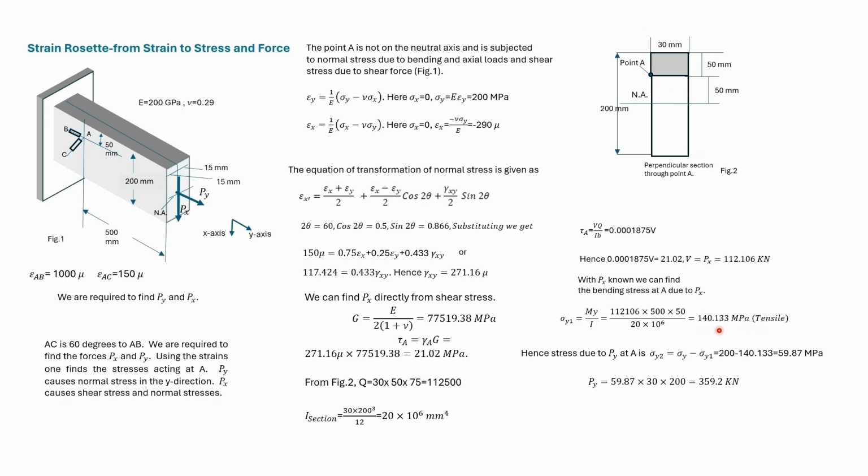This stress is due to bending. Subtract this stress from the total sigma y. We get the stress due to axial force at A, which we get as this value. Multiply this stress by the area, we get Py.